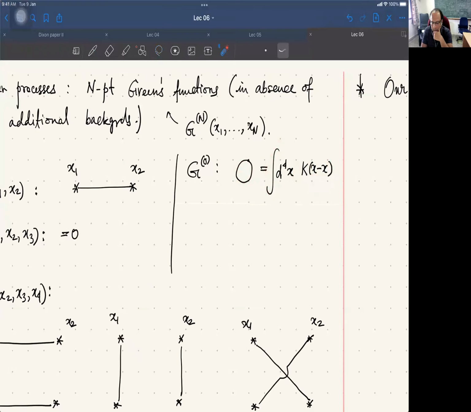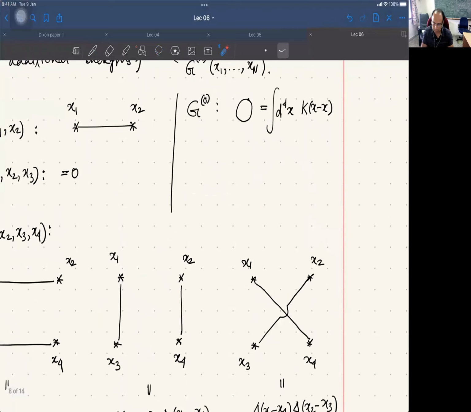So now what we are doing now is to look at the diagrams. Because we are trying to understand the classification of theories, we will just look into the diagrams, and according to the Feynman rules, what mathematical expressions they are equivalent to. This is the only thing that we are going to look at now. We will not attempt to compute those mathematical expressions. So this is the mathematical expression, which is fine, but we will not attempt to compute it.